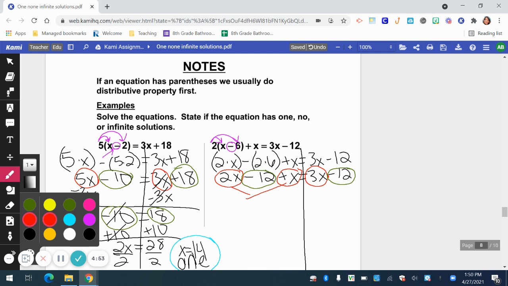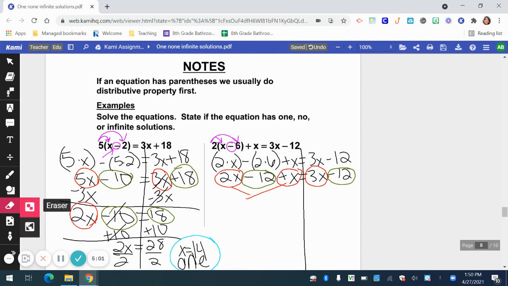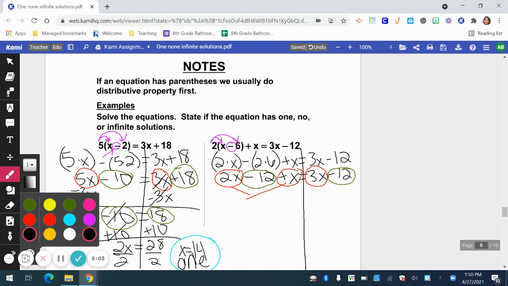So 2x plus x is going to equal 3x minus 12 equals 3x minus 12. Now I can see that they're the same exact thing, so I already know what my answer is going to be. But I'm going to go ahead and keep solving it with you.